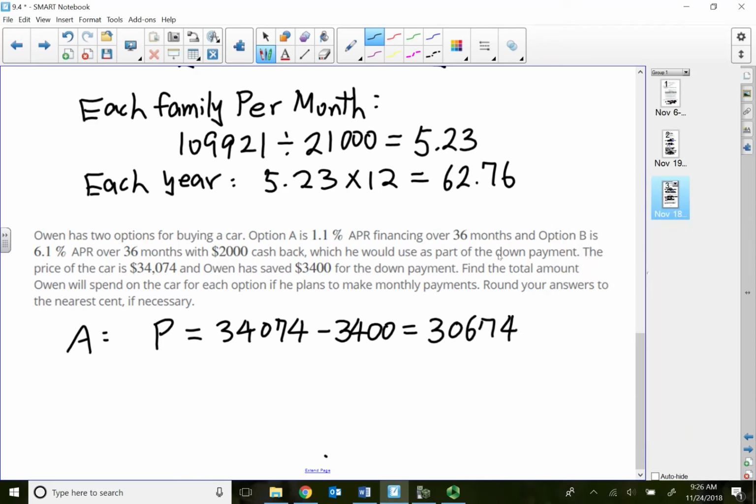So this is the amount he will finance. Let's find our monthly payments. Once I get the monthly payments, I can take the payment times the 36 months to know the total amount spent from the payment, and then we can add back the down payment to see what the total amount is.